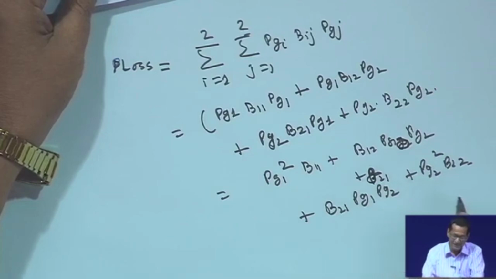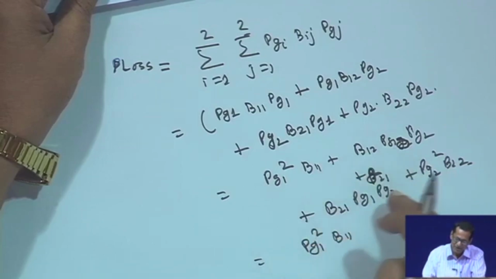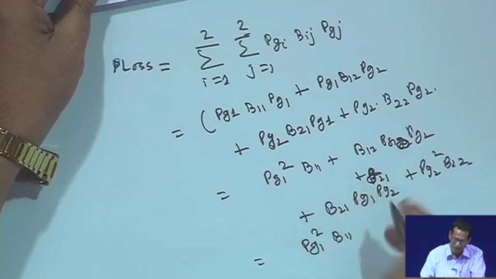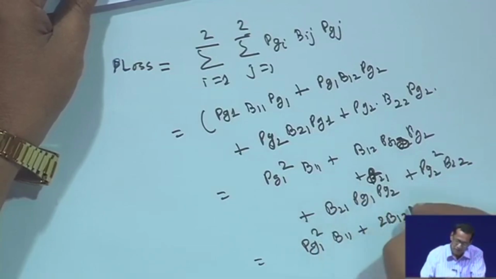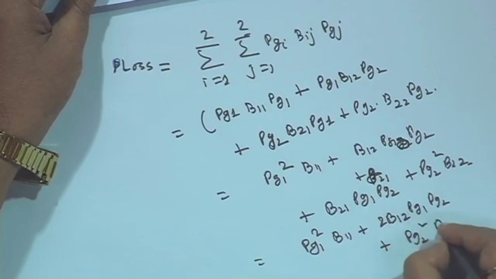So, if you take the derivative, this I can write as Pg1 square B11 and B12 and B21, if they are equal, then it will be 2 B12 Pg1 Pg2 plus Pg2 square B22.